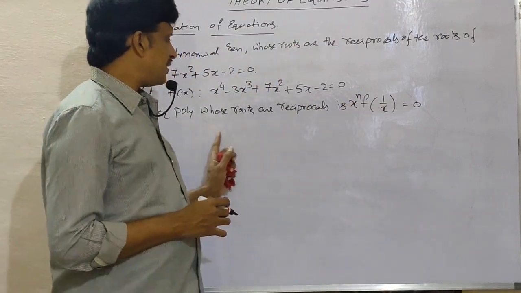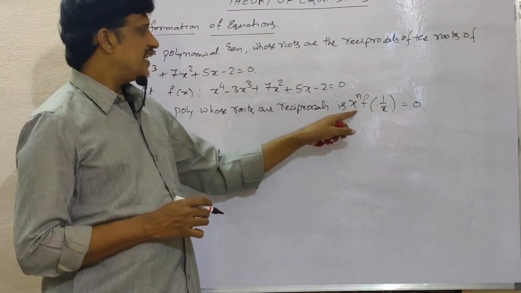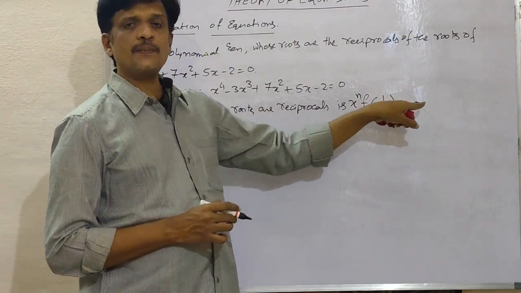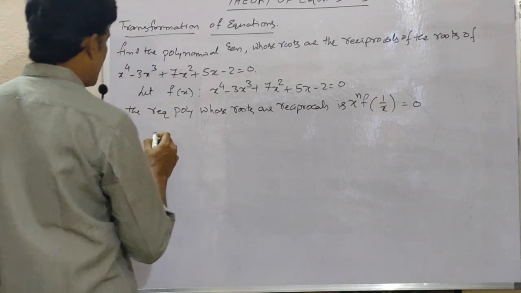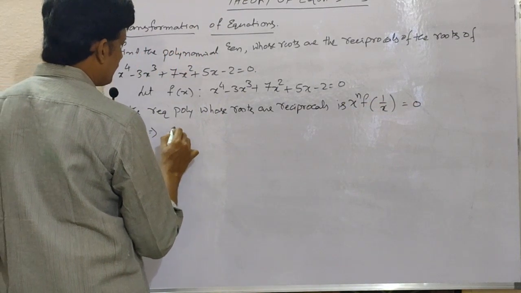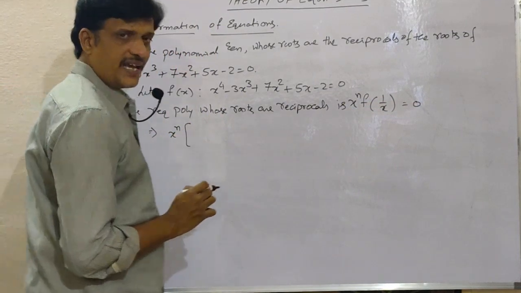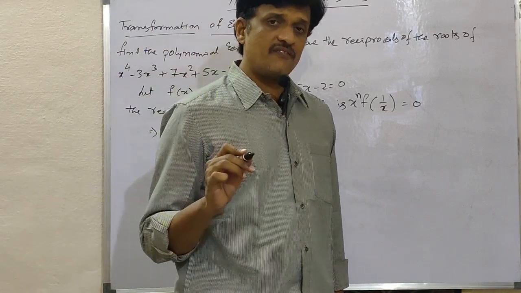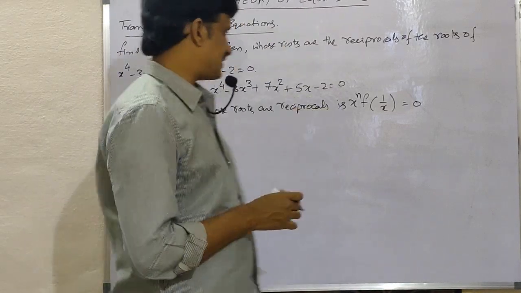So the required polynomial is x power n into f of 1 by x equal to 0. That is, in the given polynomial f of x, write 1 by x in the place of x.